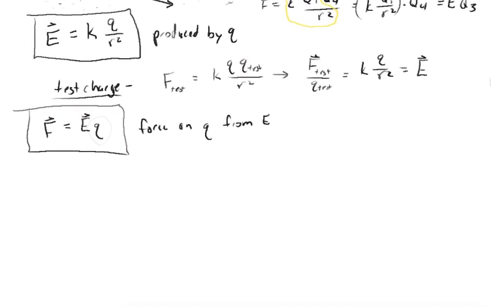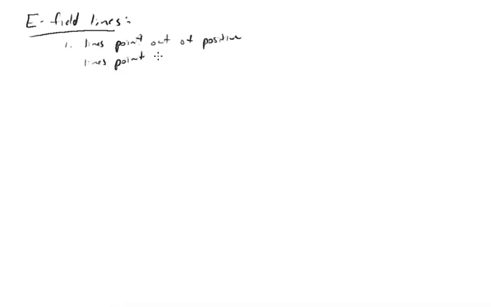So first off, we're going to draw electric field lines. This is how we're going to draw them, and we're going to have a couple of rules. Rule 1 is that field lines point out of positive and point in to negative.